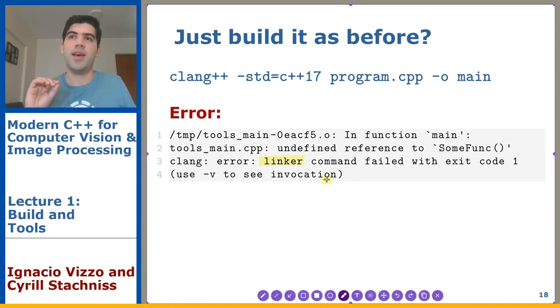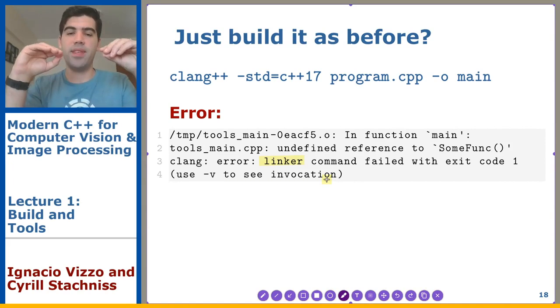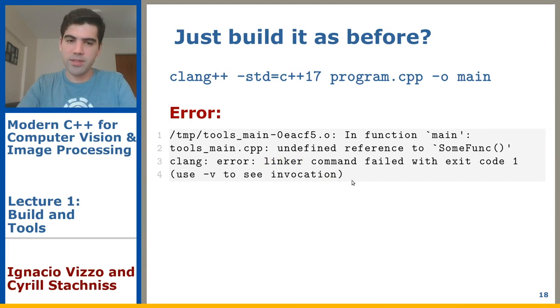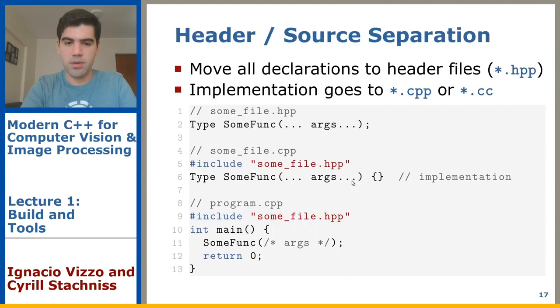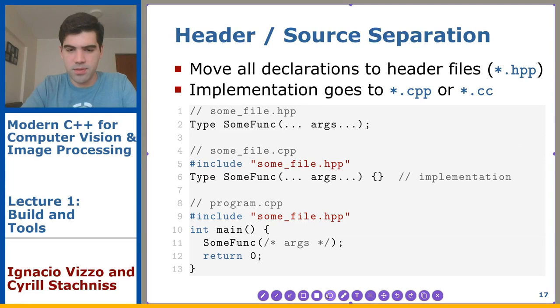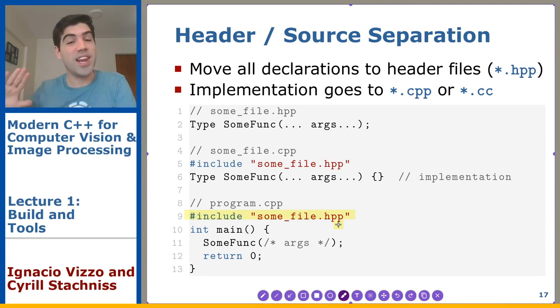Because whenever you include the file, let's go back. When you include this here, the preprocessor will be happy enough because it trusts you and says, okay, there is some function that the linker will give me the implementation for at a future time. This is at linking time.